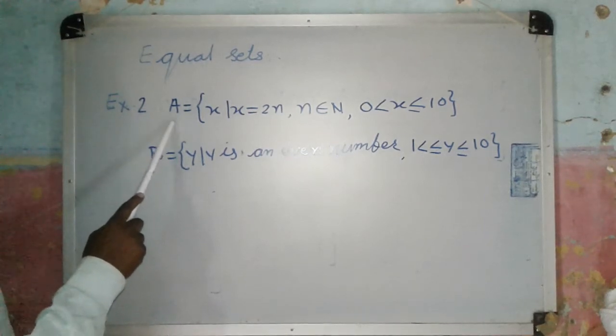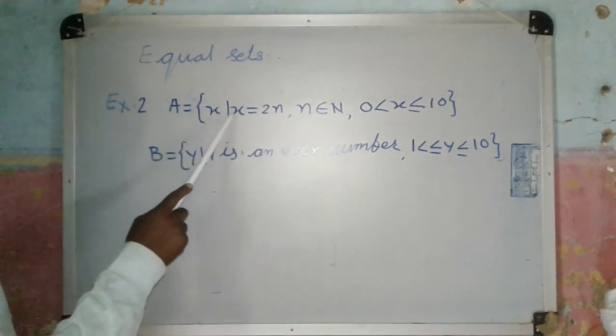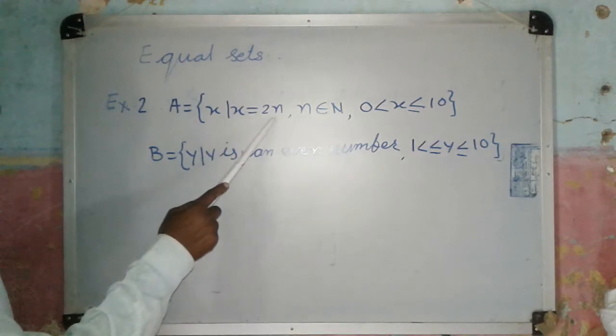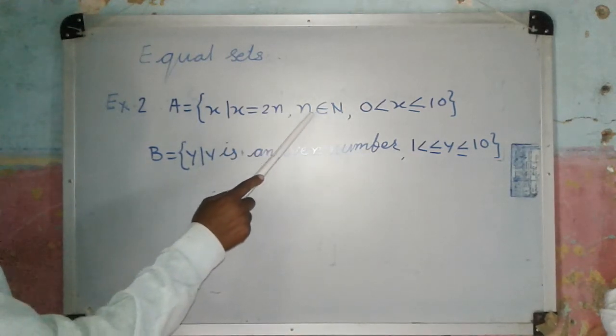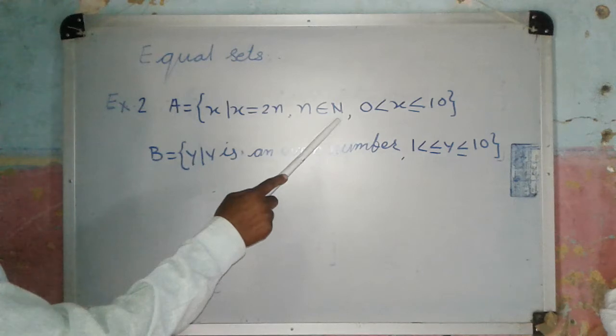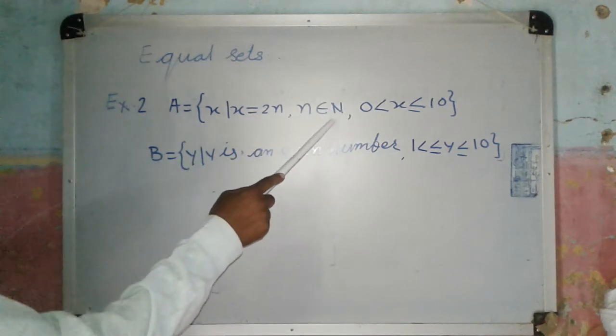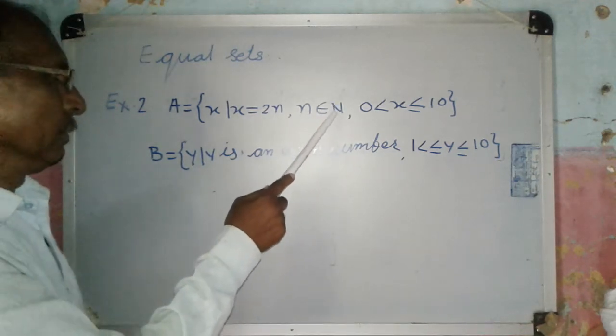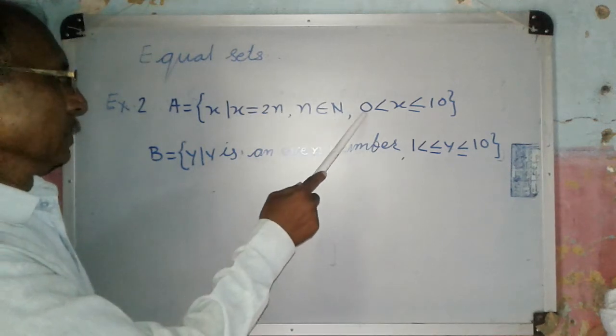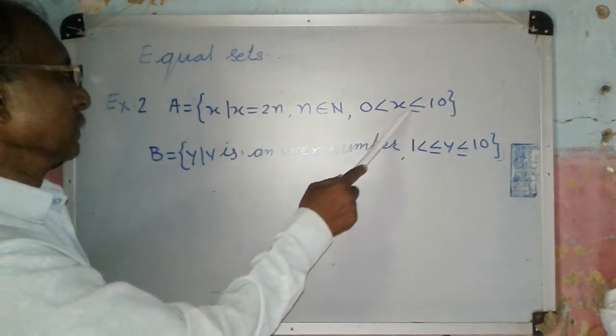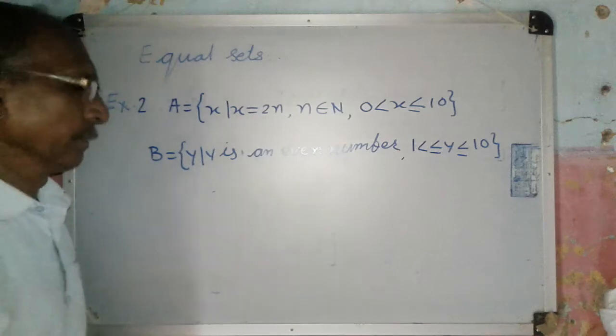Set A. A is the set of all x such that x is equal to 2n, n is an element of N. That means this N, capital N, is the set of natural numbers. And 0 is less than x is less than or equal to 10.